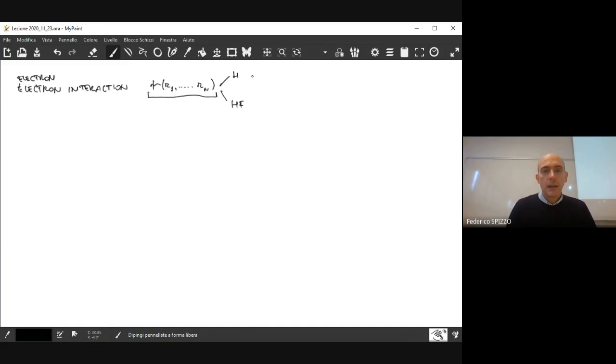In the case of the Hartree approach, the idea is to remove the two-body operator from the Hamiltonian by replacing that with an operator where you have an interaction between one electron and the average charge density of all the other electrons. So in this way, the Hamiltonian is written in terms of just one-body operators.